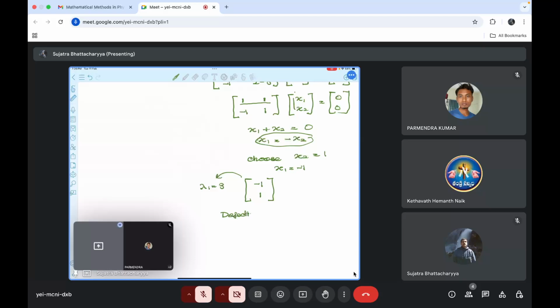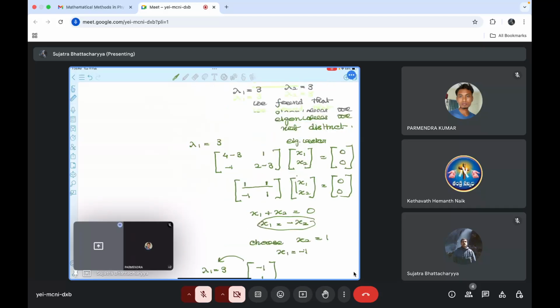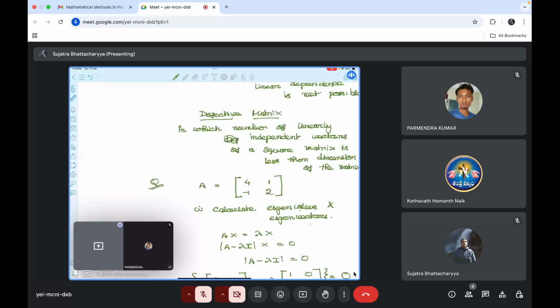Why defective? Because a defective matrix is one in which the number of linearly independent eigenvectors of a square matrix is less than the dimension of the matrix. 2 by 2 is a square matrix, right? What is the dimension of the matrix? N is equal to 2. The dimension is 2.